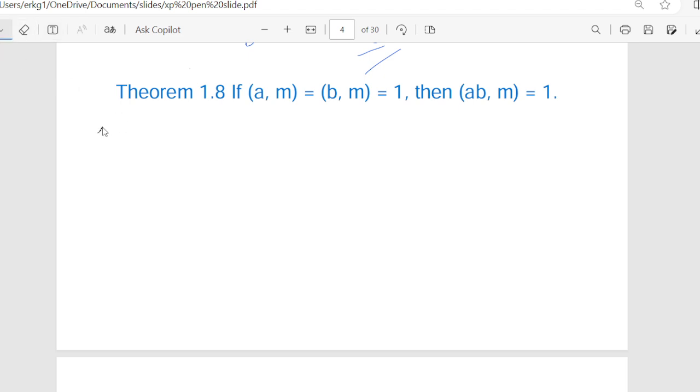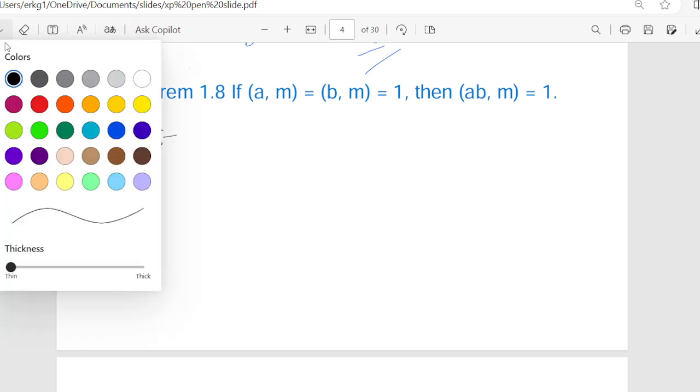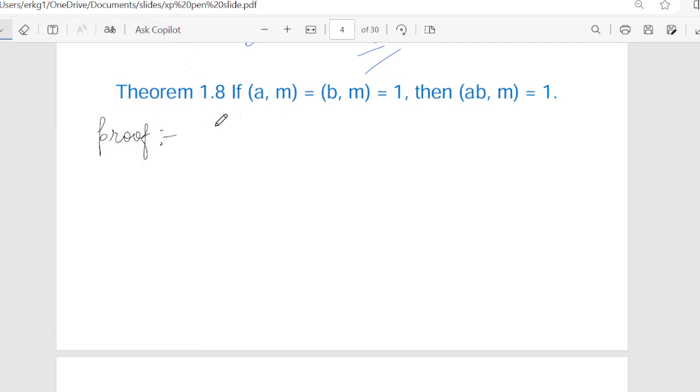Now proof of this theorem. Let GCD of ab and m be d, which is not equal to 1.